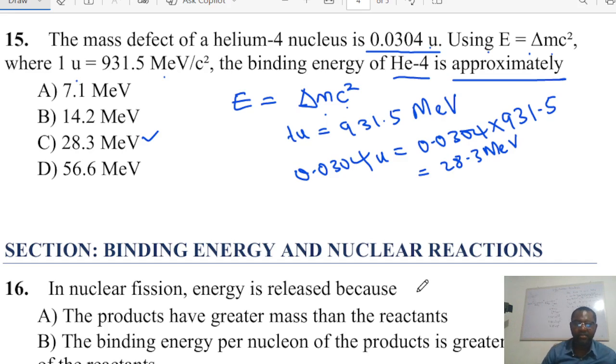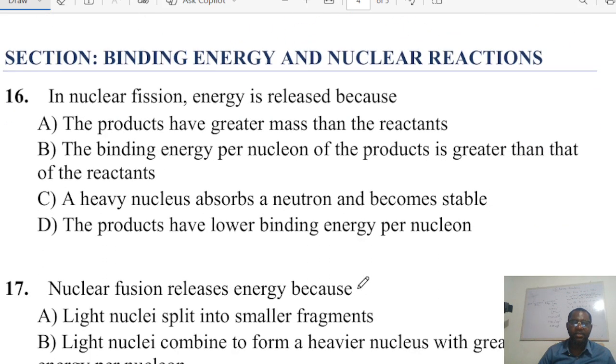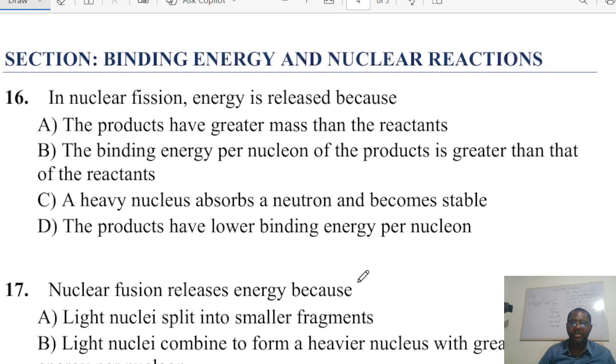Very interesting. Okay, so the next one here has to do with binding energy and nuclear reactions. So it says in a nuclear fission, energy is released because, remember, nuclear fission is when two light nuclei come together. They combine together or they react together to form a heavier nuclei. So option A says the products have greater mass than the reactant.